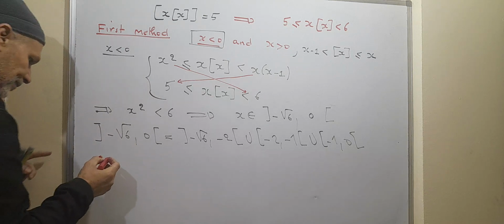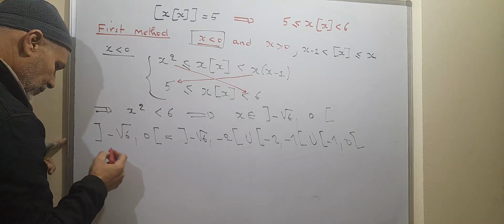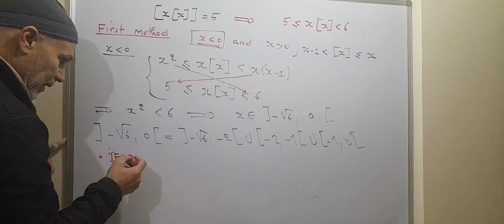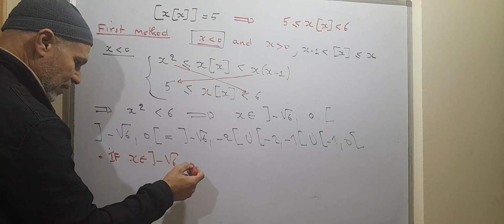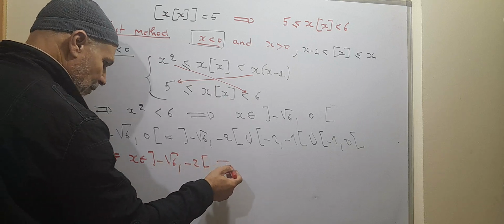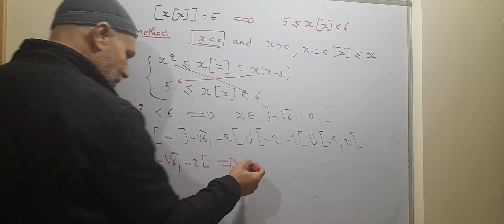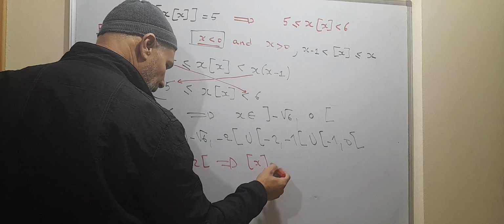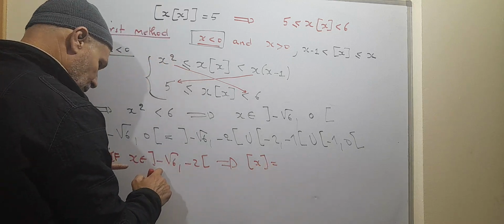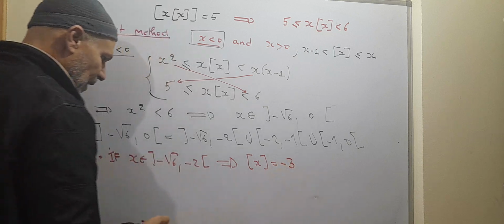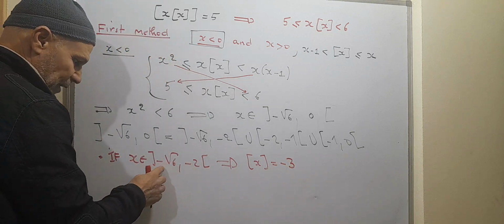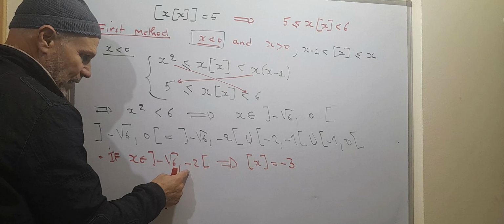If x belongs to minus square root of 6, minus 2, from this we can deduce that the integer part of x is equal to minus 3, and x is between minus the square root of 6 and minus 2.